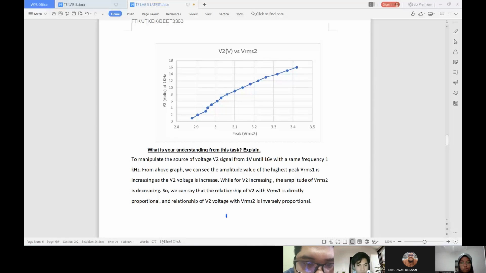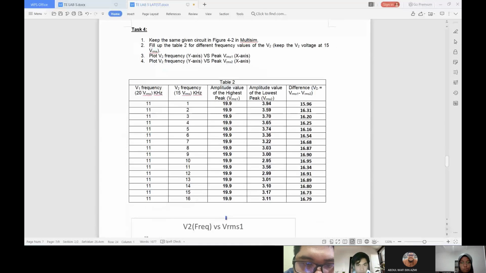Okay, so for task 4, we draw the same circuit as in figure 4.2. For task 4, we can see in the table that the V1 frequency is the same, but we change the V2 frequency.